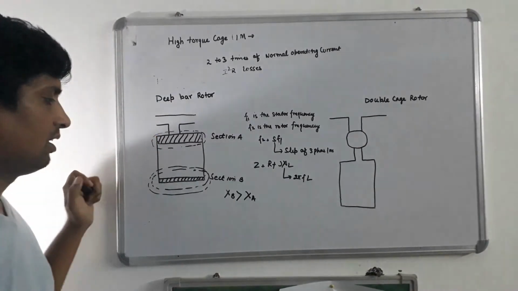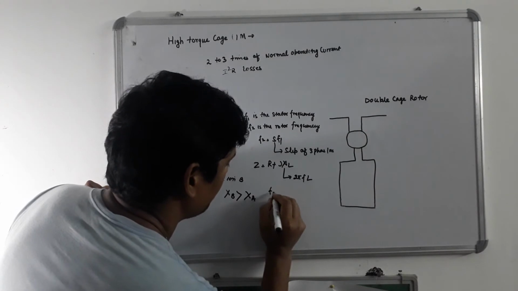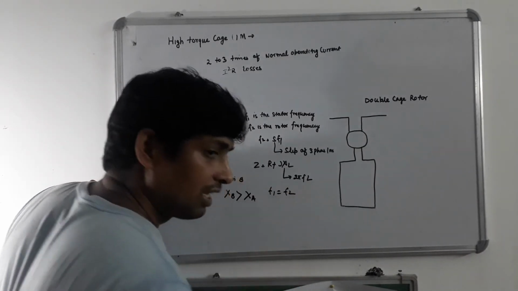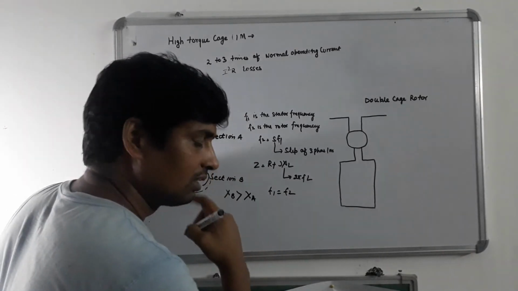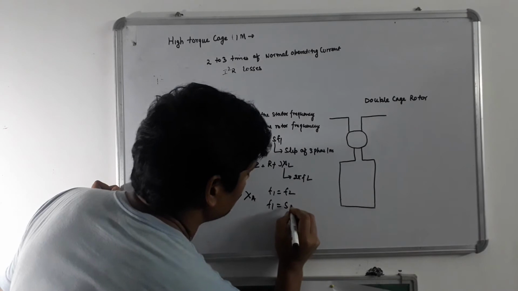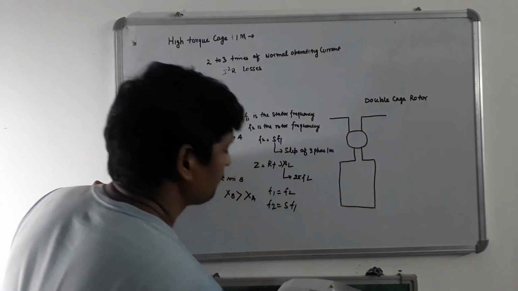During starting, F1 is equal to F2. If the motor is running at normal speed, then F2 is equal to S F1.